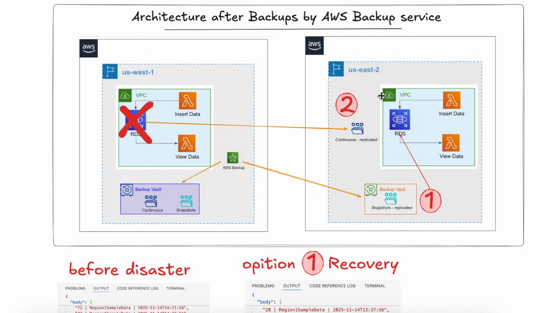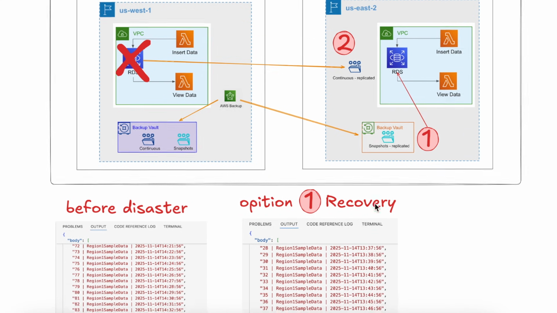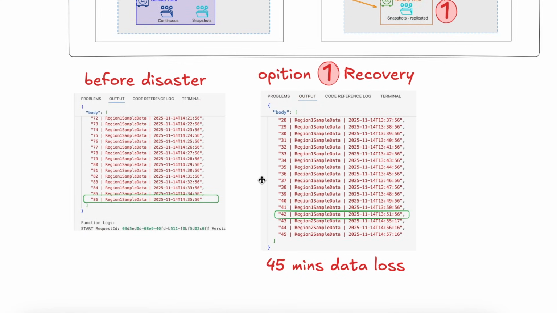We deployed a new RDS instance in the secondary region using option number 1, which is the snapshot-based backup. And because the snapshot was taken at a specific point in time, any data that was written after the snapshot was simply not available. From the screenshots, you can clearly see what happened.